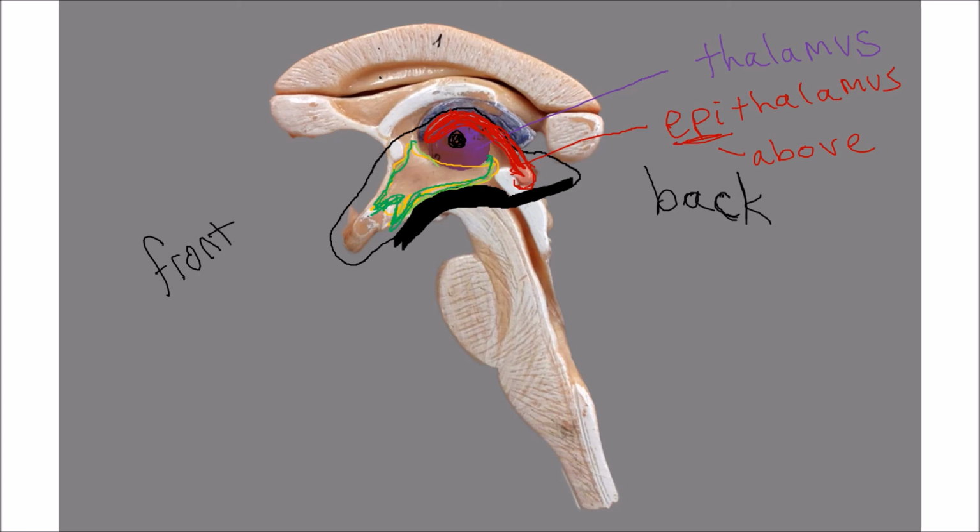And it comes all the way down underneath the thalamus, this tissue underneath and to the front of the thalamus that I'm coloring in green. So this is underneath the thalamus. So this would be called the hypothalamus, because hypo means under.